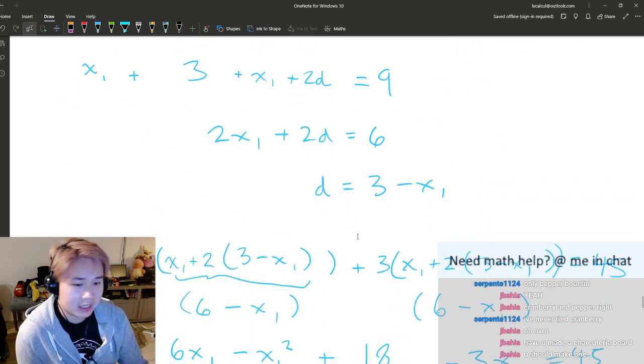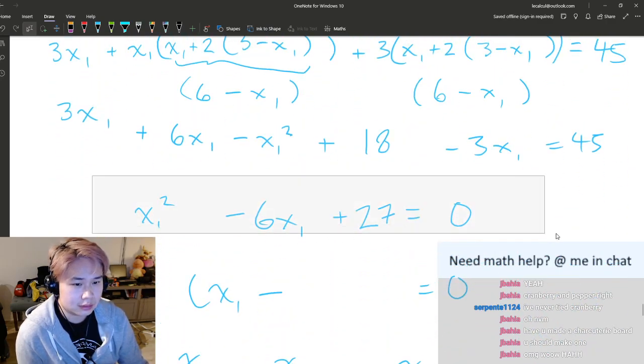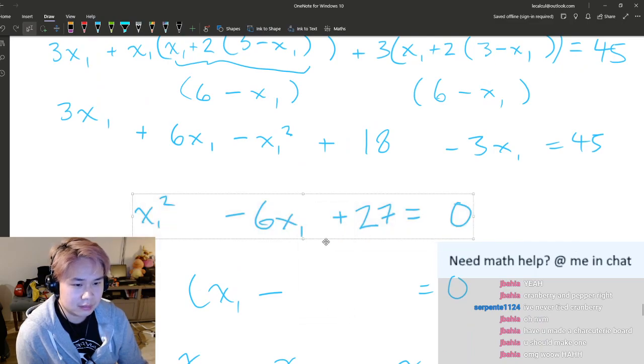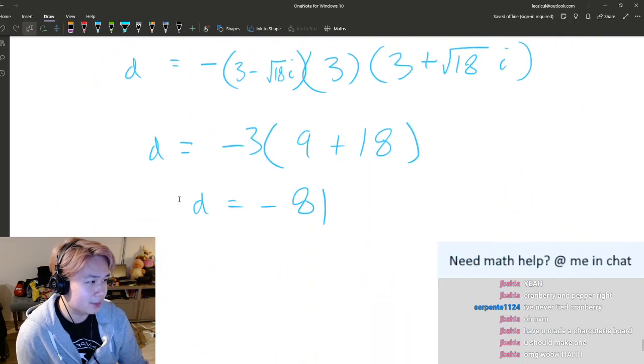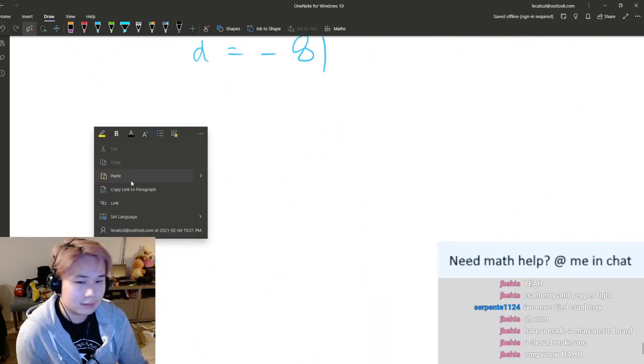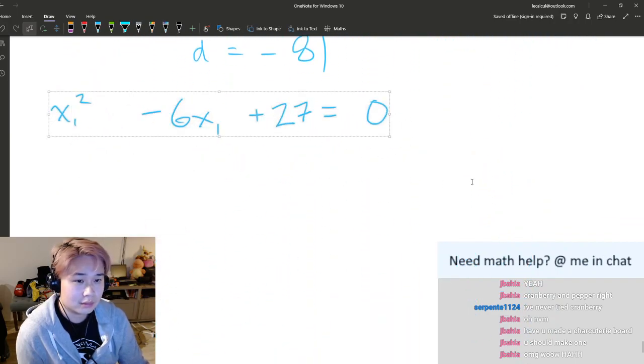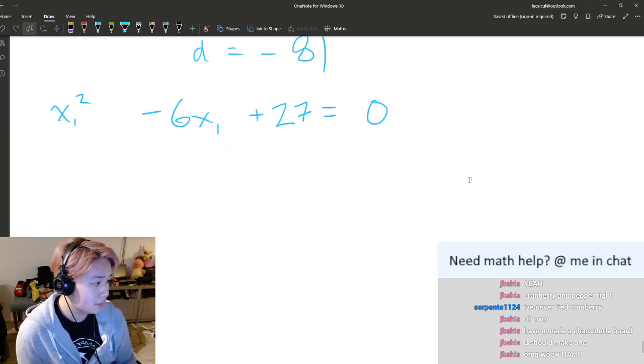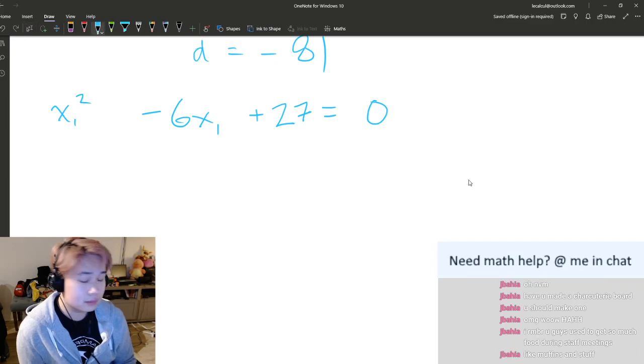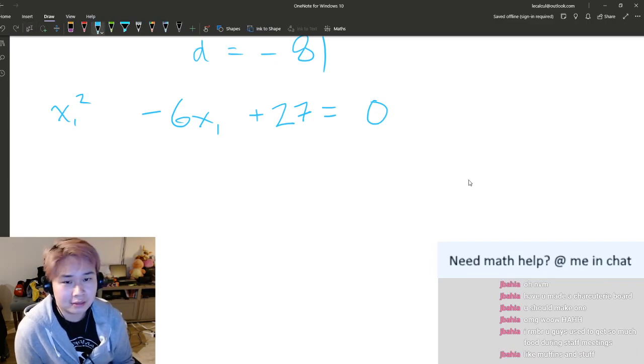Okay, I am going to reapproach this question because I feel like this is still correct. It's just that there were complex roots. Yeah, we get none now.